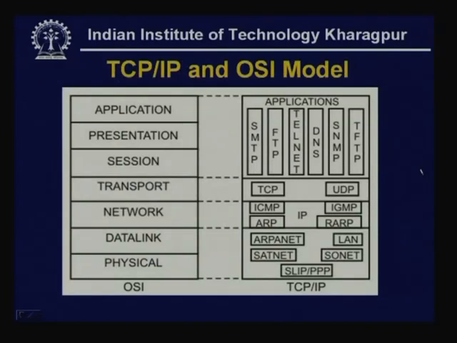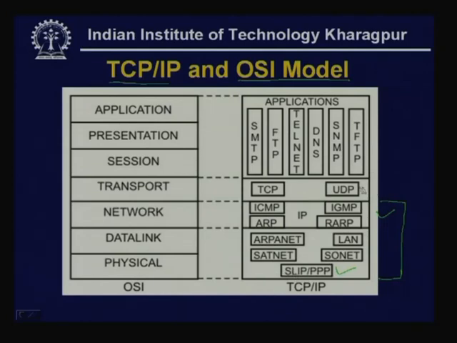We have already discussed the relationship of the TCP/IP model with the OSI model, and in the last lecture we have already discussed some of the aspects of this part, that means the network layer protocols, the internet protocol, along with the companion protocols like ARP, RARP, ICMP and IGMP, which we have discussed in detail, and we have briefly mentioned about SLIP and PPP also, which were not covered earlier.